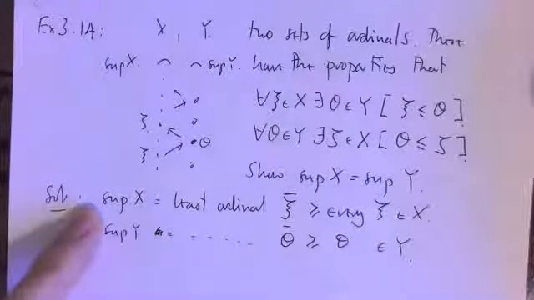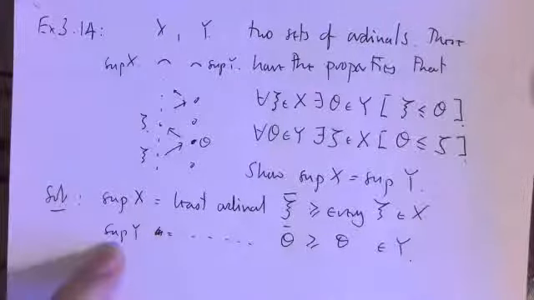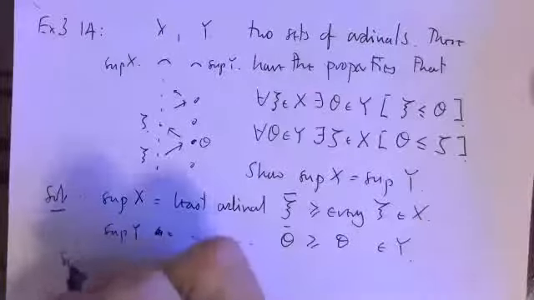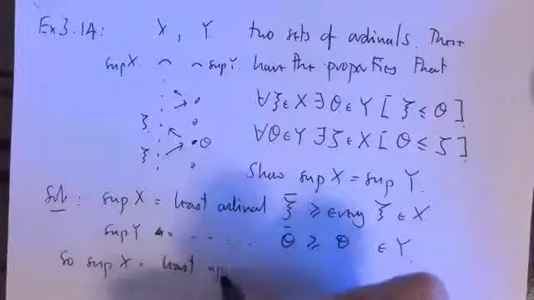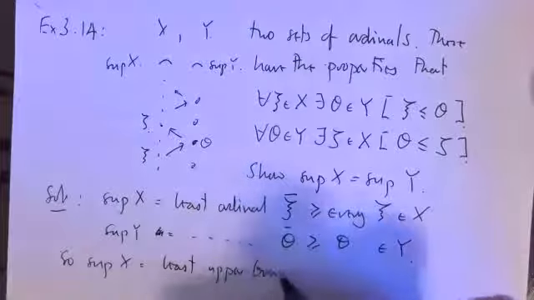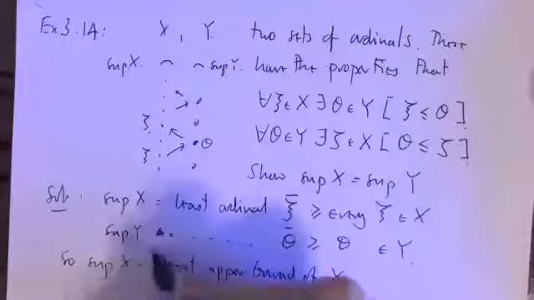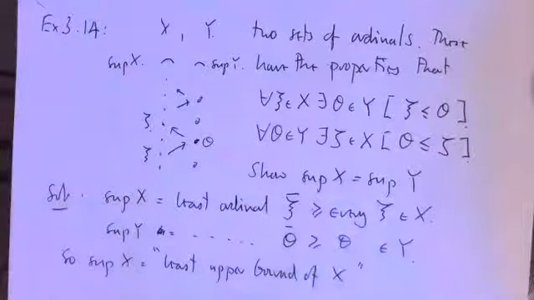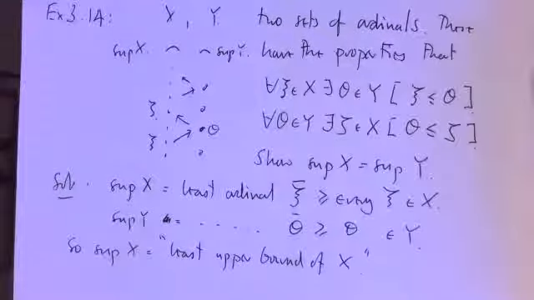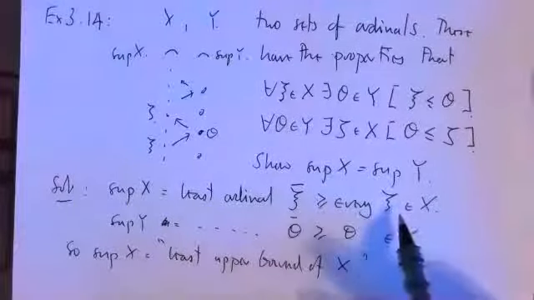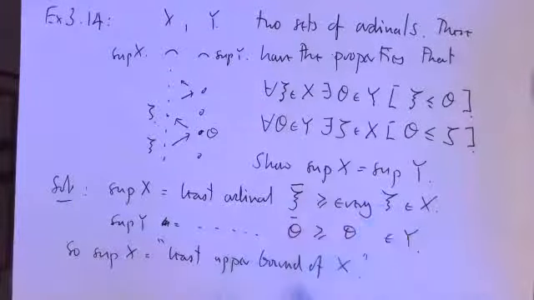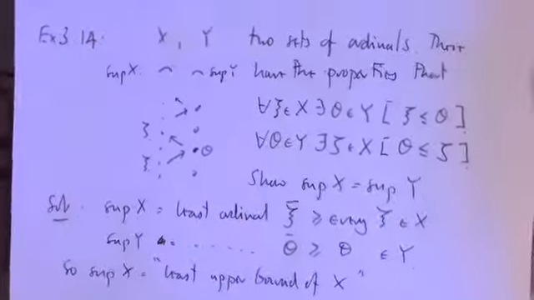It's the least upper bound of X. And sup Y is the least upper bound of Y, which is, after all, what this says here. But the picture kind of says it all.